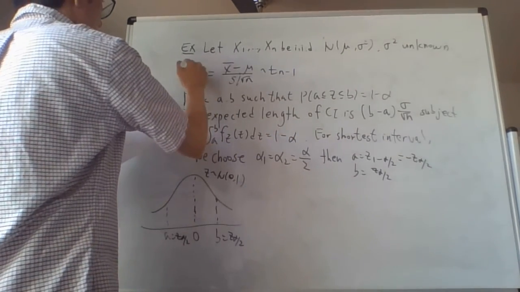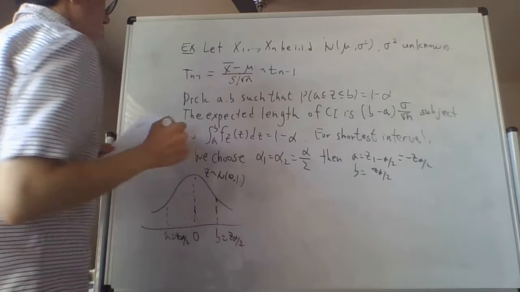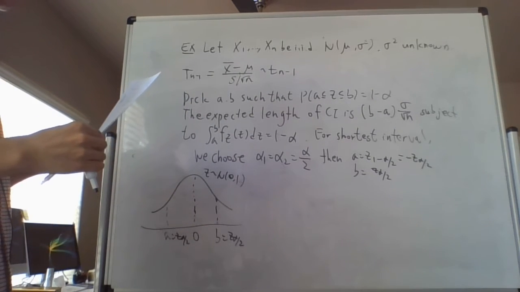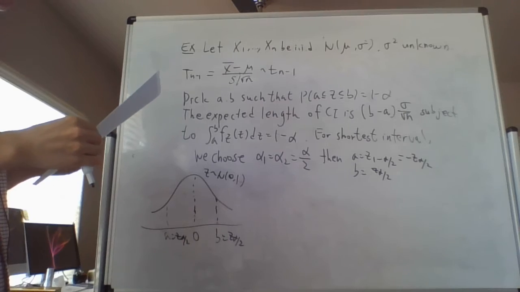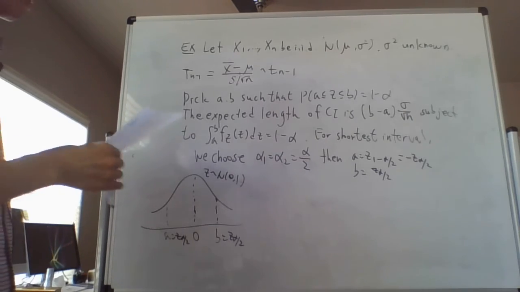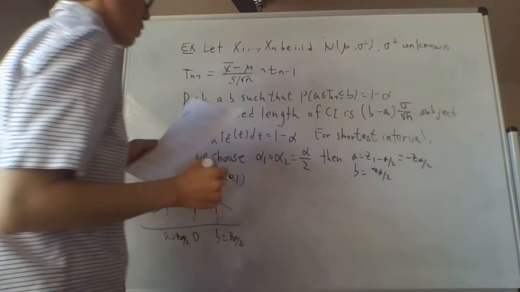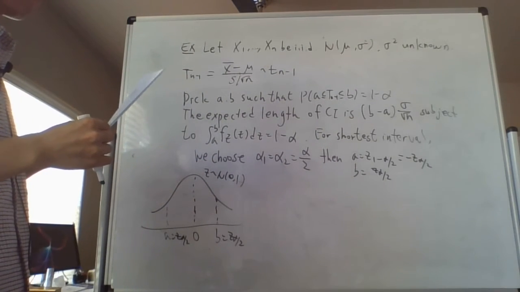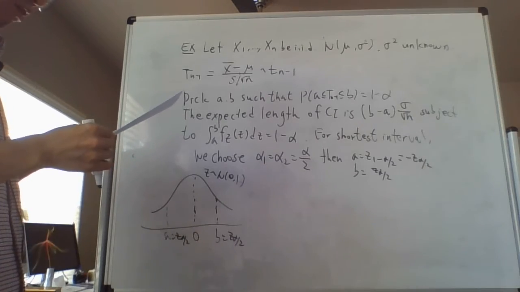The standardization x bar minus mu divided by s divided by square root of n has a T distribution with n minus 1 degrees of freedom. So we pick A and B such that the probability that the T distribution with n minus 1 degrees of freedom is between A and B is equal to 1 minus alpha.